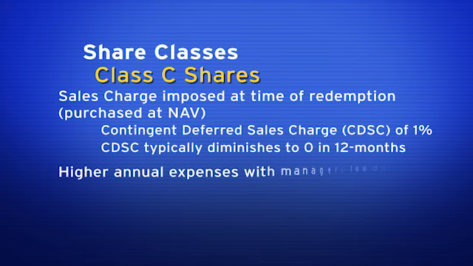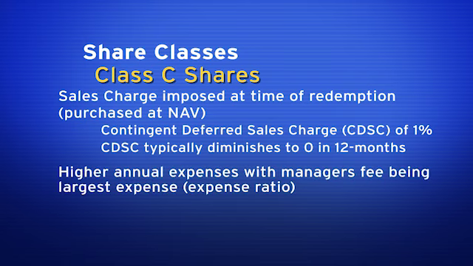The reason? Higher expense ratio. Now, unlike B shares, when this back-end sales charge diminishes to 0, C shares do not convert to A shares. So those higher annual expense ratios would continue year after year, making long-term investment in C shares very expensive.